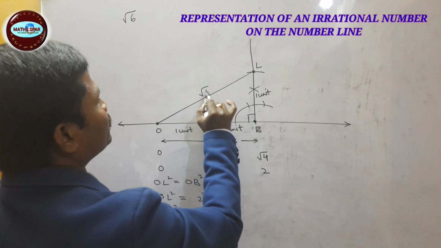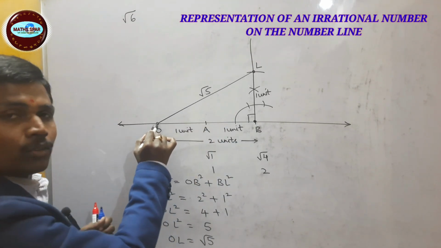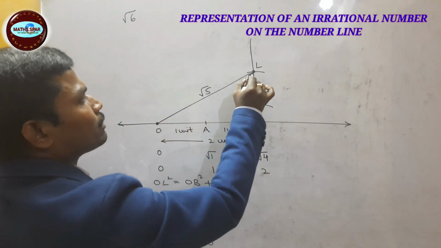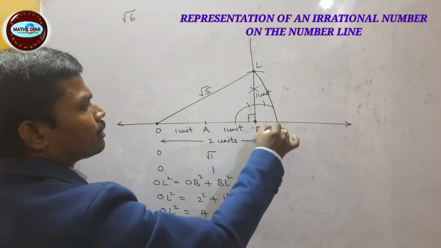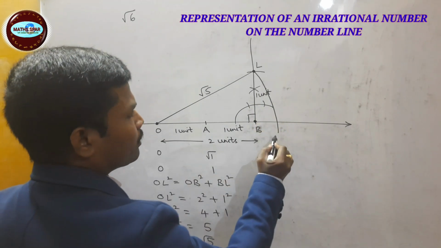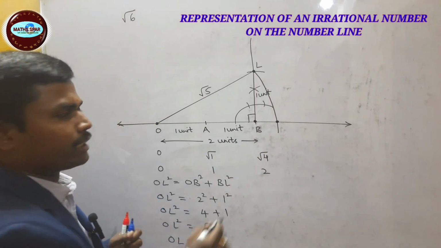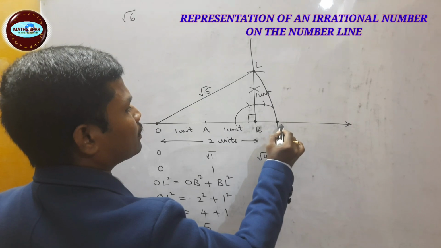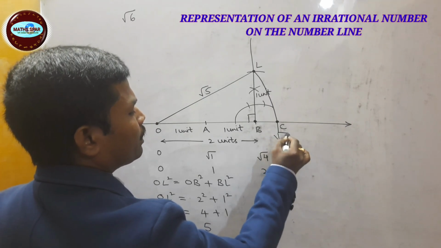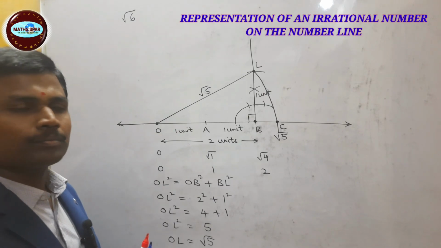Then this OL measure is root 5. Now coincide the needle of the compass at O, then take the measure of OL and cut an arc on the number line, and wherever the arc is intersecting the line, mark it as some C and represent it as root 5.